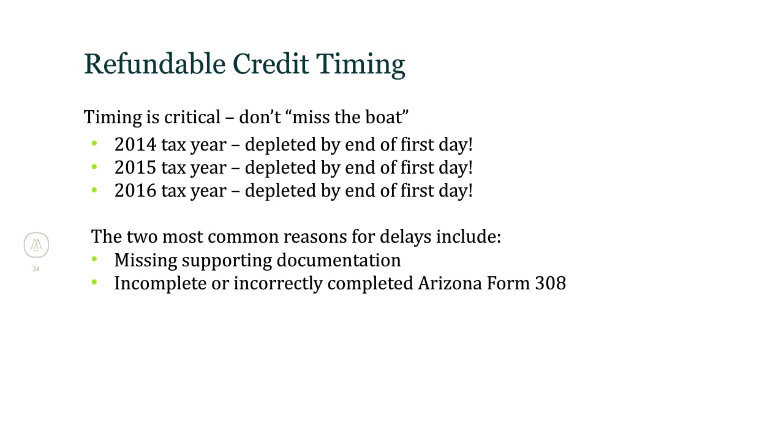So you really don't want to drop the ball here, because this is real dollars in the entity's pocket. So the real key is to do it quickly, to do it right, and to have everything all lined up to do it. In the past, Moss Adams has achieved about a third of all these credits available. And the idea is we really do attack these things. We have a lot of dialogue with the ACA to figure out what they're looking for before the filing, so that we're not accidentally missing something.